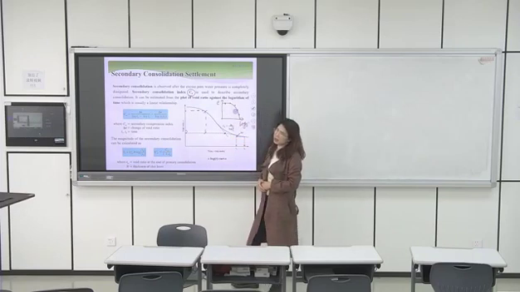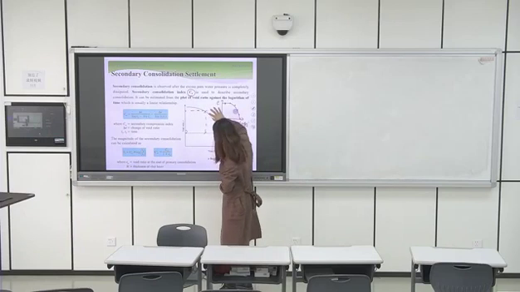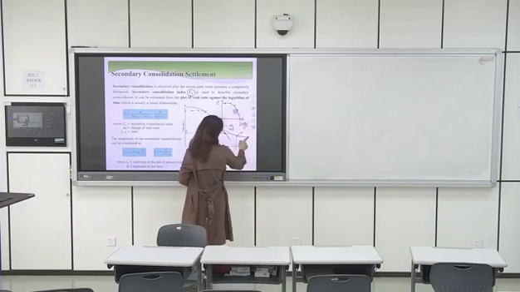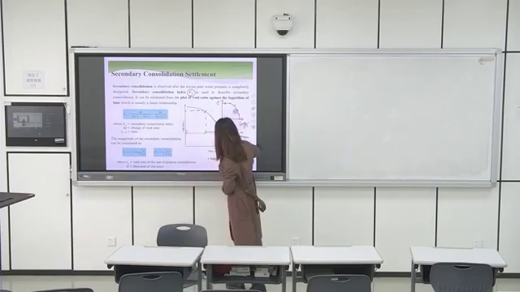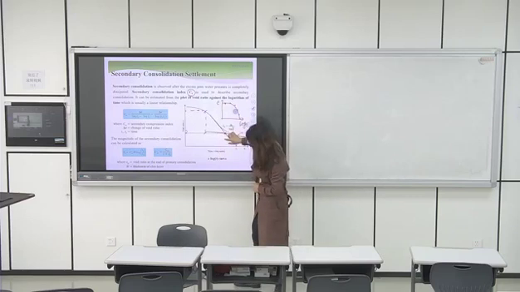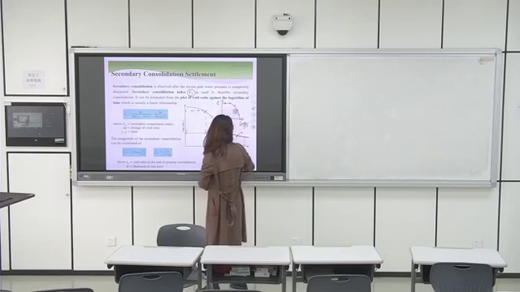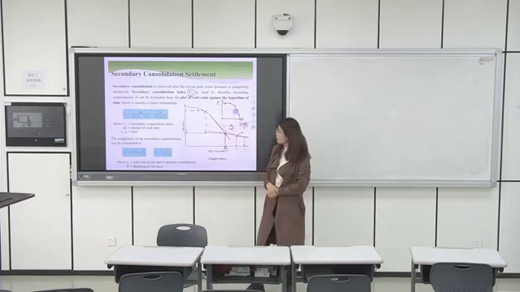How do we determine the second stage? We have an S shape. If you draw the tangent in here, and another tangent in here, the cross point gives you the start time t of the secondary consolidation.